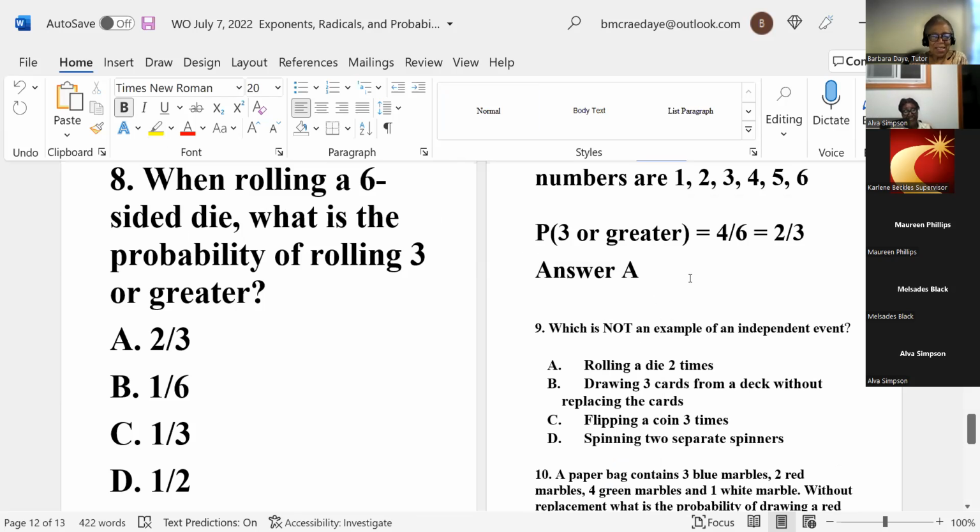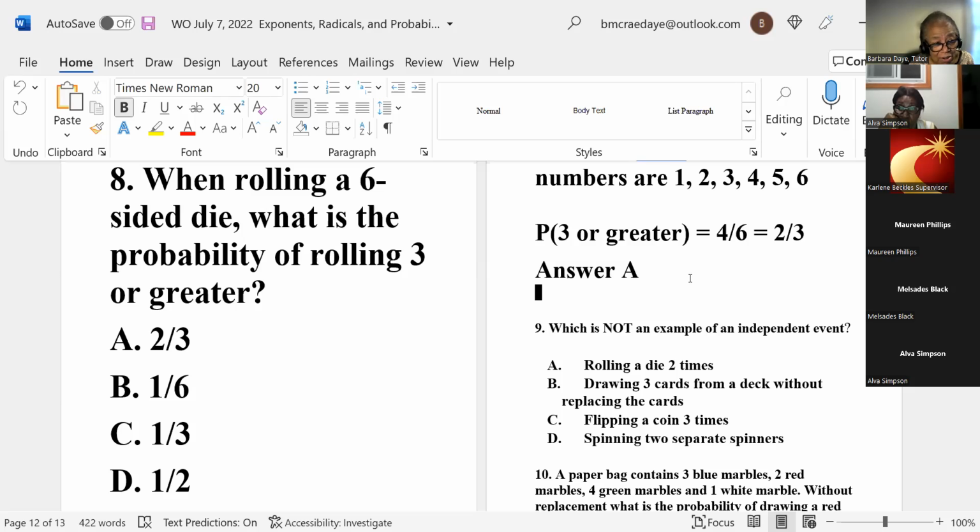Mercedes, do you understand now how you solve it? When the question says, what is the probability of rolling 3 or greater, it meant the next number after 3, which is 4. How many numbers of 3 or greater, Mercedes, on a 6-sided die? 4, 5, and 6.